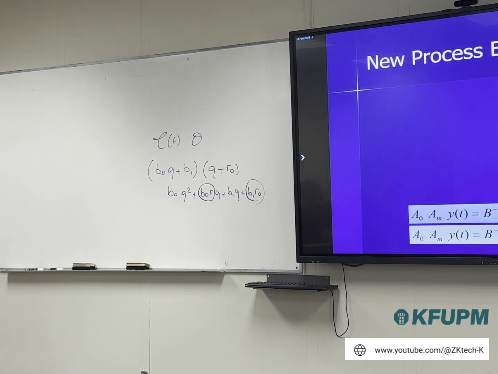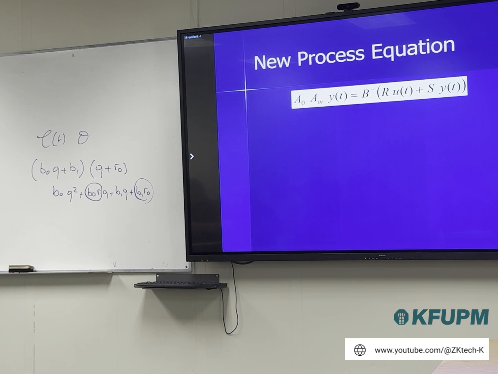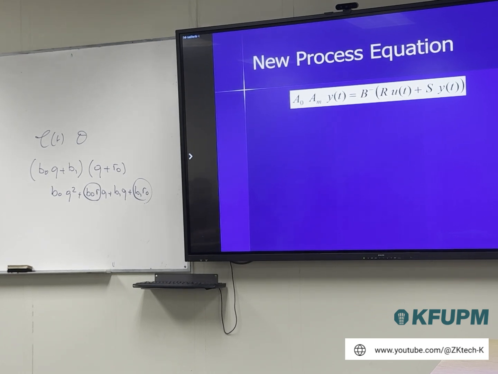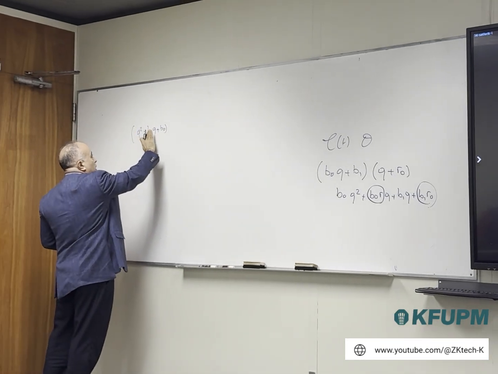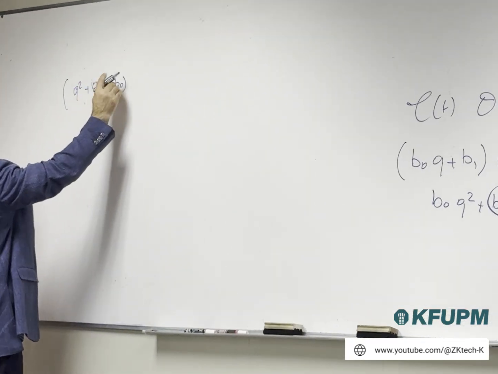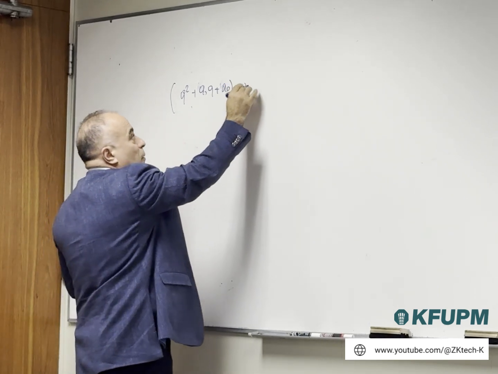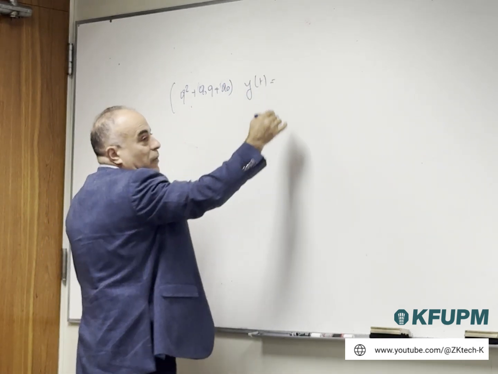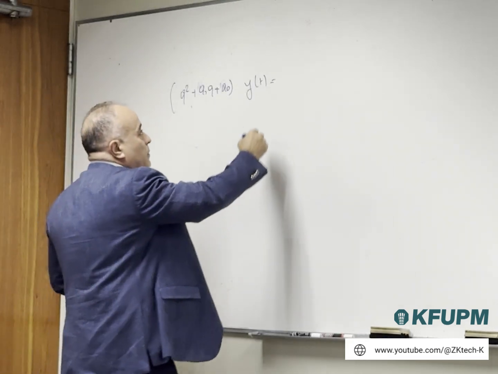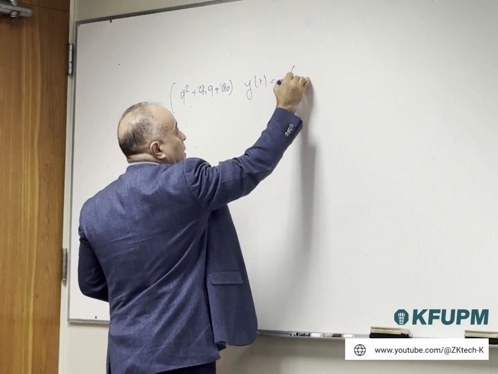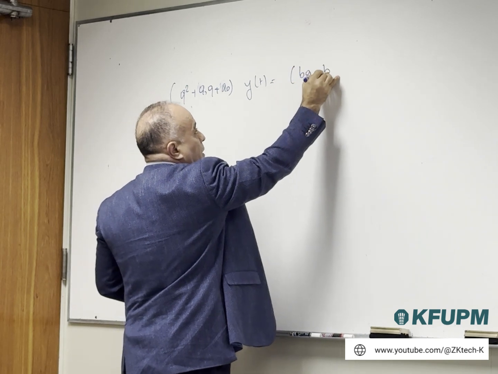All right. So this is the new process equation that we are trying to identify. And in any new equation, for example, if I write a system like this, Q squared plus A1 Q plus A0 multiplied by Y of t, this is just an example, is equal to another expression from the other side, multiplied by U. Let's say B0 Q plus B1 multiplied by U of t.